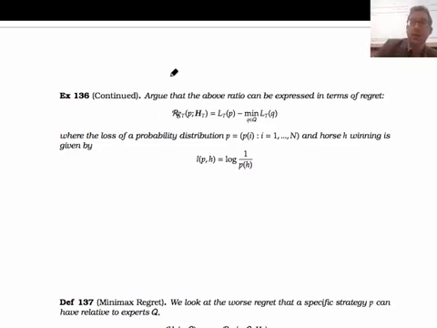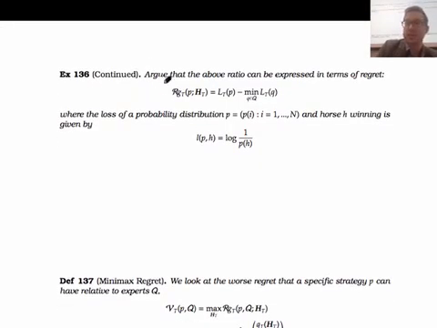So argue the next part, which isn't really an exercise, it's just sort of writing down some definitions. Argue that the above ratio can be expressed in terms of regret, like before. So the regret is the amount of money that I lose compared to the person who loses the least, or alternatively, the amount of money that I win compared to the amount of money the person who earns the most.